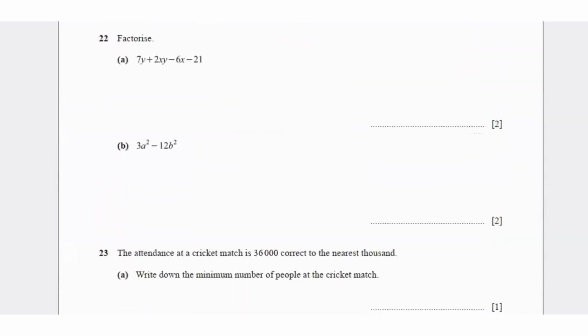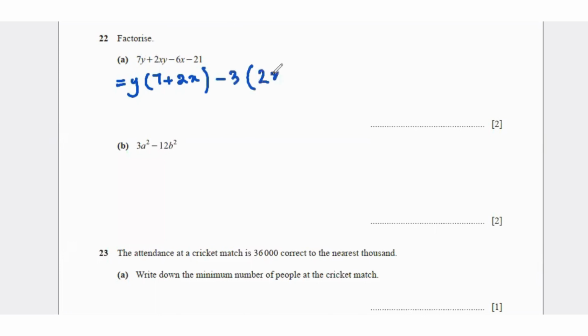Question 22 is asking us to factorize the following. So I'm going to do factor by grouping. I'm going to factor the first two terms separately and the last two separately. So y is common between 7y and 2xy, so y times (7 plus 2x). And between 6x and 21, we have negative 3 common.